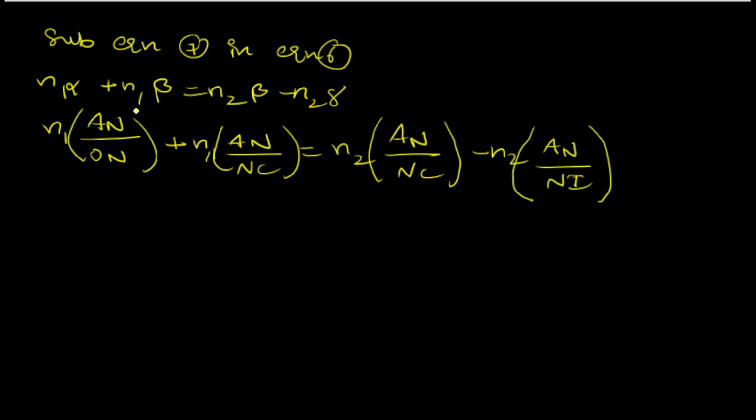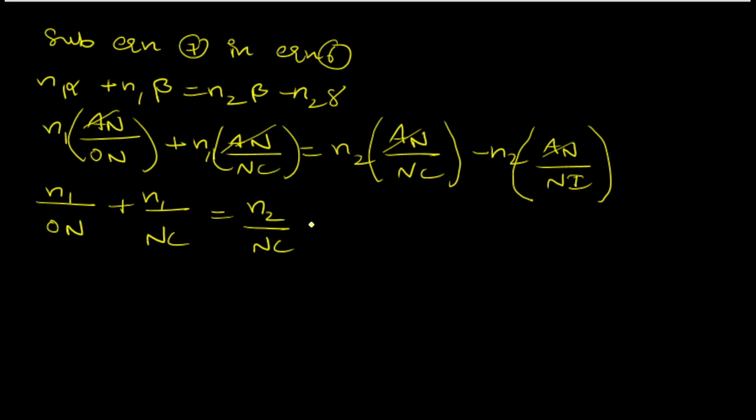If you observe carefully this equation, on both sides we have AN common, so we cancel it on both sides. Therefore we are left with n1 by ON plus n1 by NC is equal to n2 by NC minus n2 by NI.